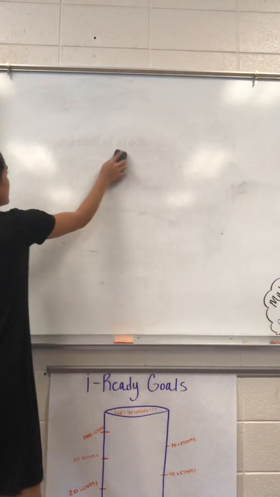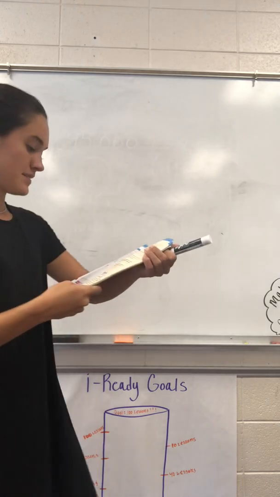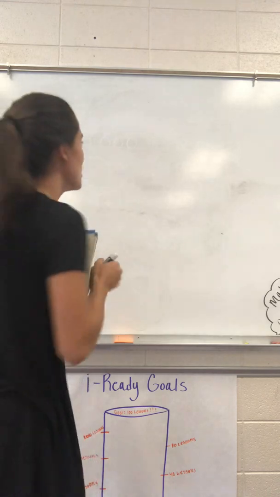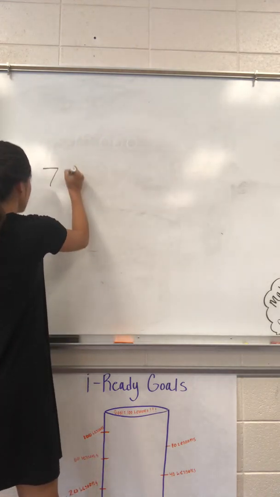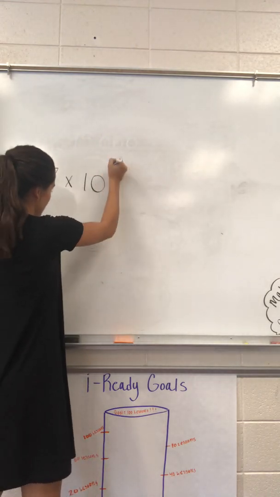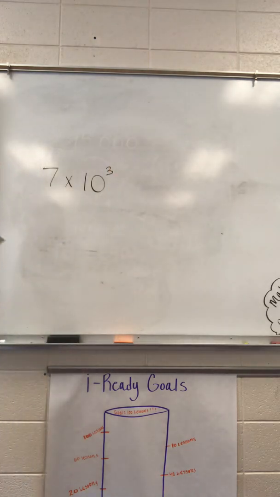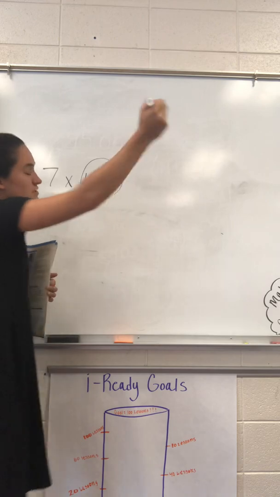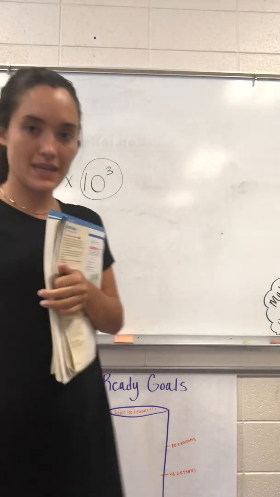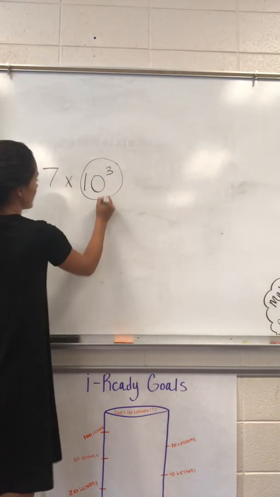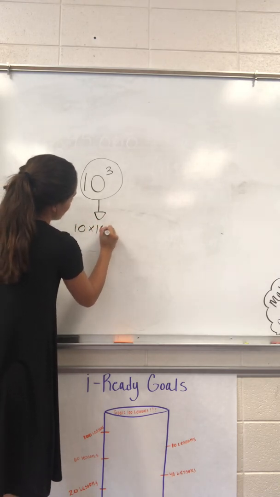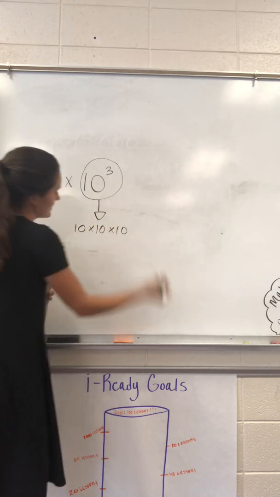So let's do another one. Let's go to the next one, which is number 5, and we're still on page 24. So number 5, we've got 7 times 10 to the third. All right, so what we're going to do is we're going to solve this first. We're going to solve the one with the exponent. So let's go ahead and do that, which is going to be 10 times 10 times 10.